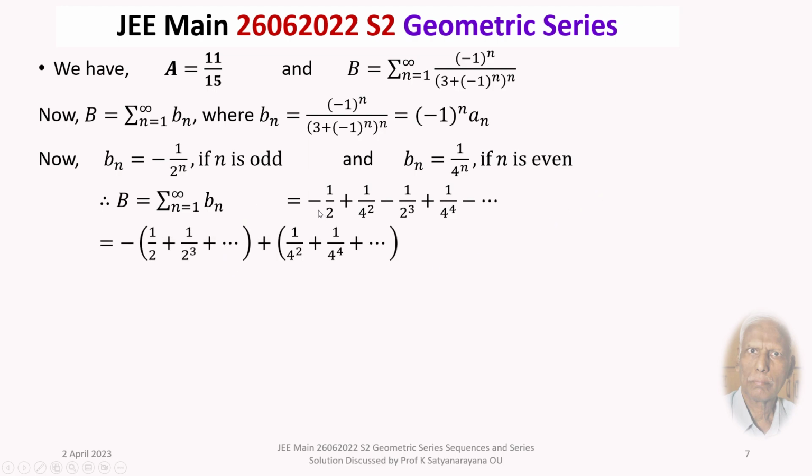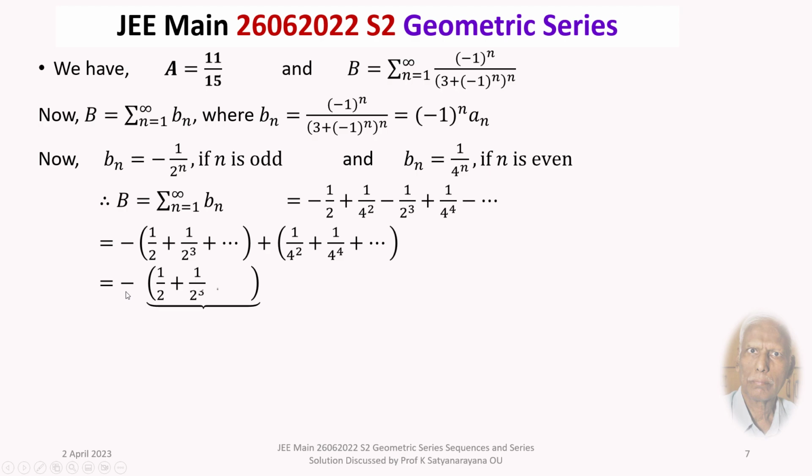Then you will get the first one is minus 1 by 2 minus 1 by 2 cube plus so on and so forth. So minus is common: minus into (1 by 2 plus 1 by 2 cube plus so on and so forth), plus the second bracket, 1 by 4 square plus 1 by 4 to the power of 4, and so on and so forth. The first bracket without minus is the same as the first bracket in the first case. The second bracket is anyway the same as the second bracket of the first case.